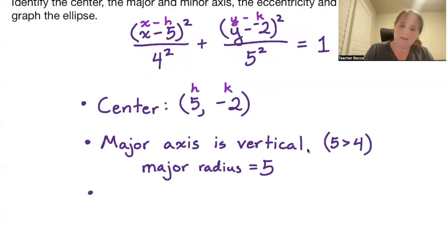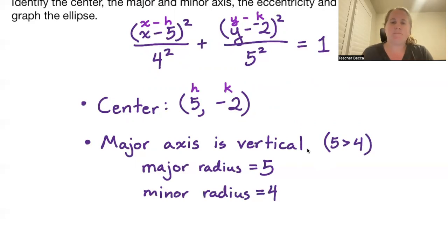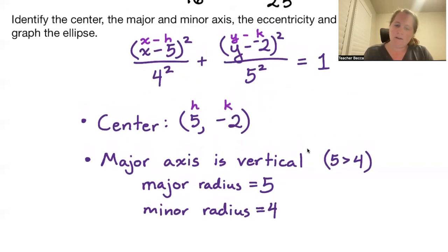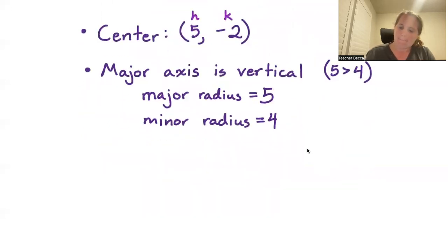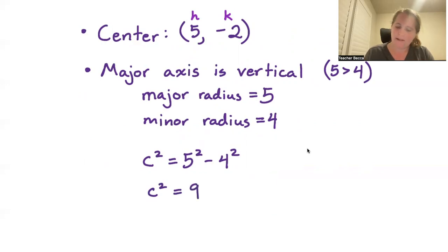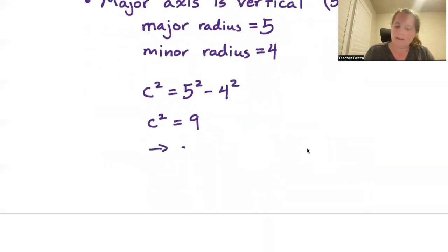The minor axis or minor radius would be the 4. We have c squared is 5 squared minus 4 squared, or c squared is equal to 25 minus 16, which is 9. So we get that our c is 3.